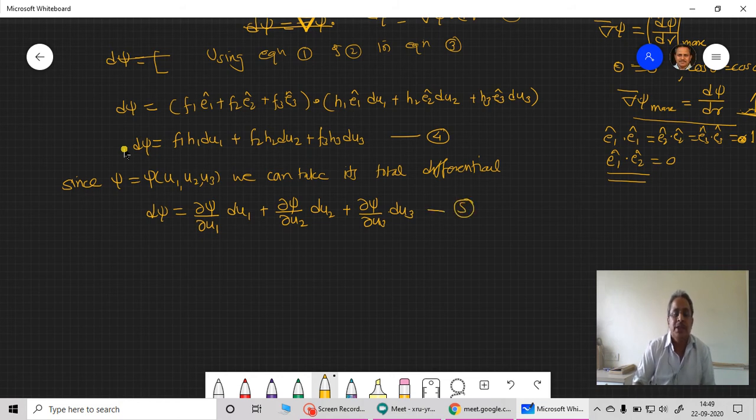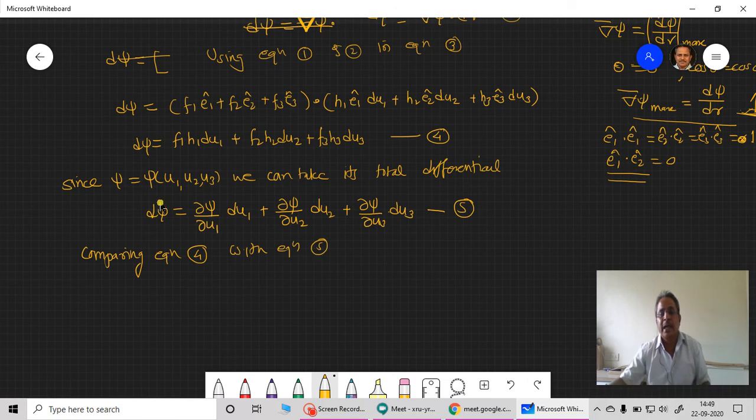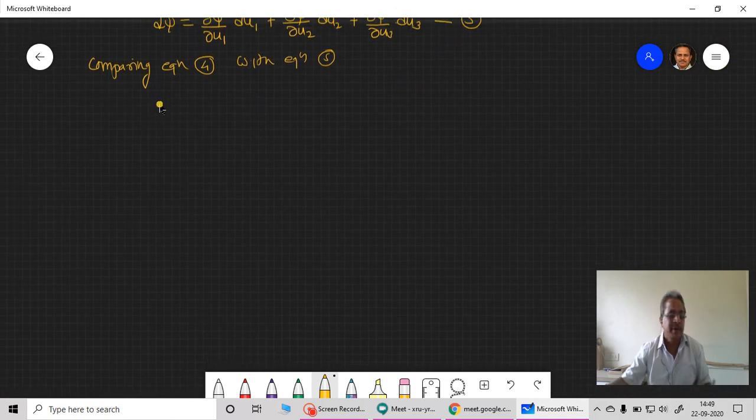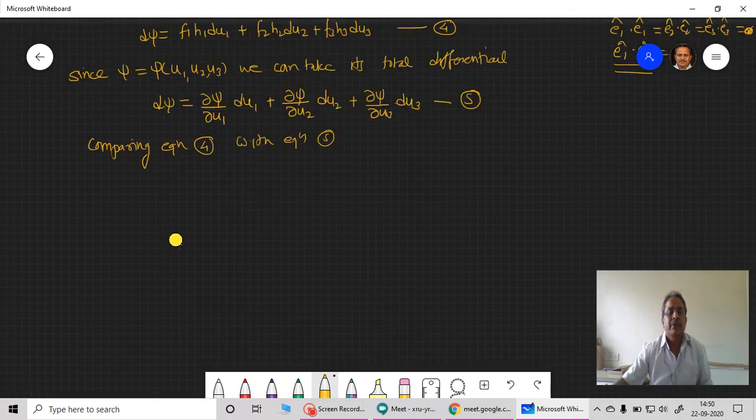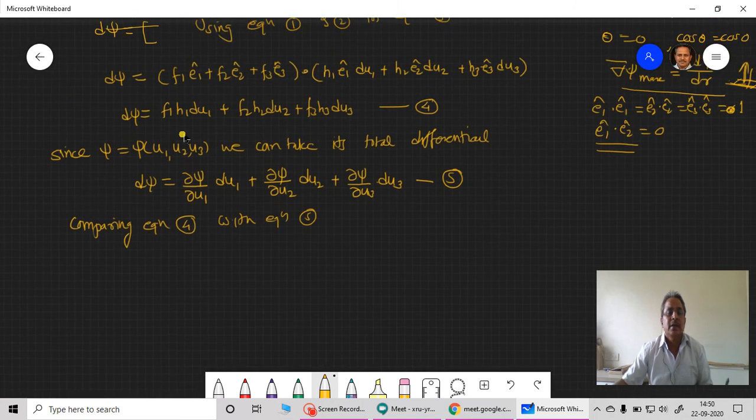Now this equation number 4 and equation number 5 can be compared. So comparing equation 4 with equation 5, let's see what we get. In the first case, this is f1 h1 du1, this is d psi, this is d psi.